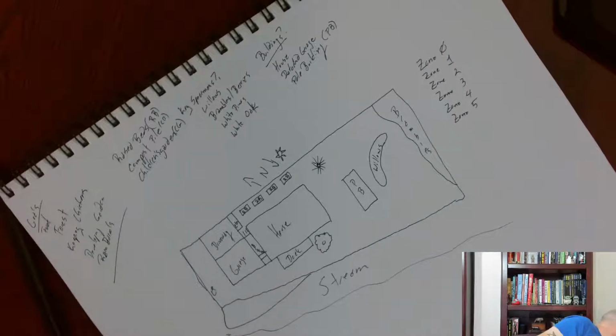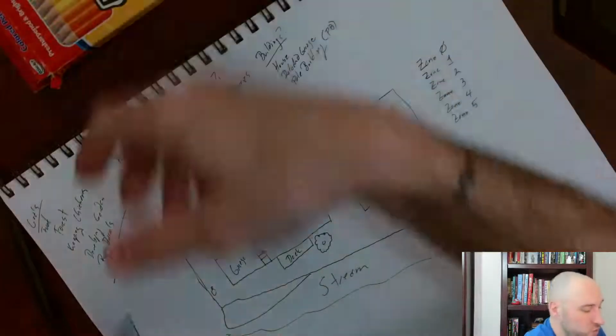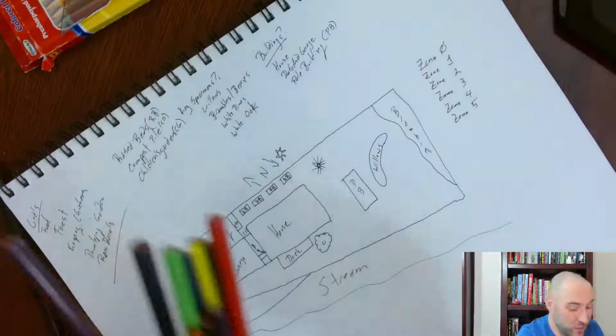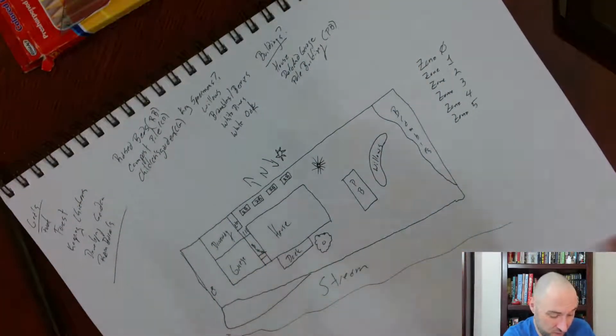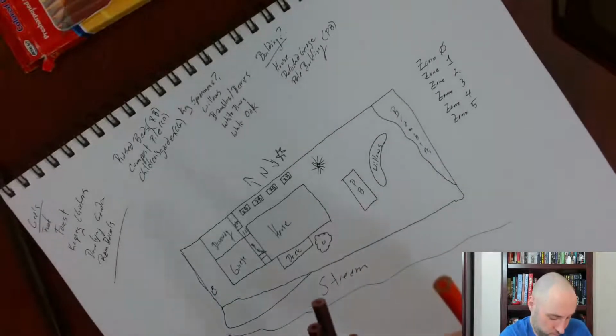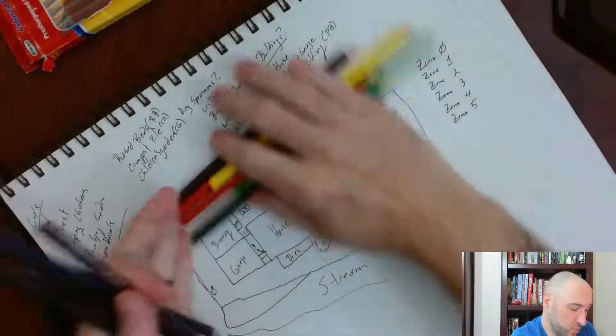So, let me grab these. We'll see how these show up on camera. Part of my art kit, which is also part of my design kit. We'll grab a couple of the brighter colors here and play a little.